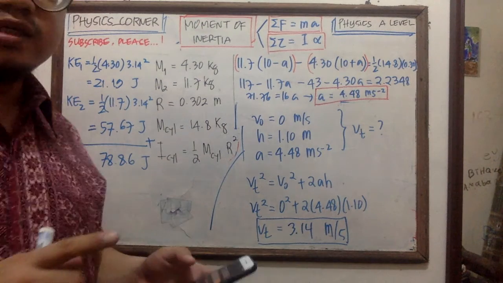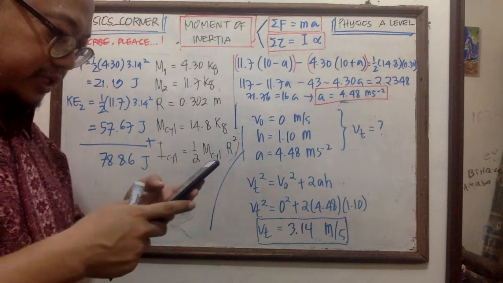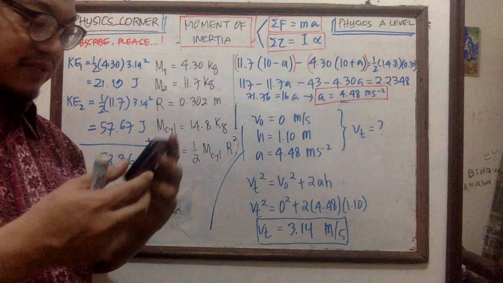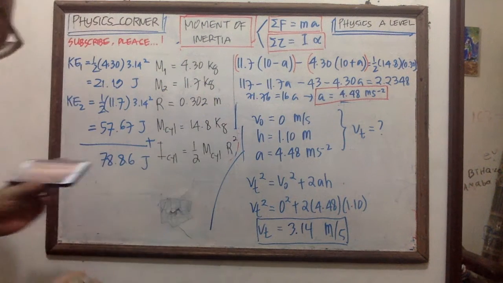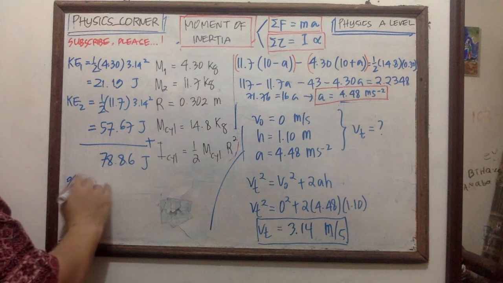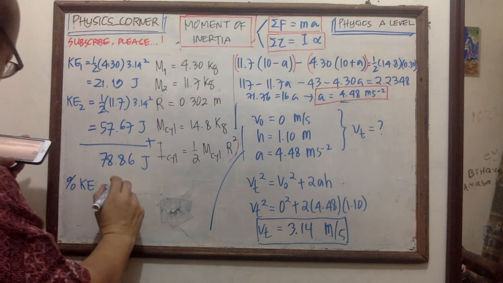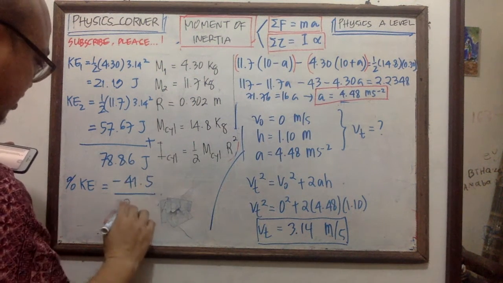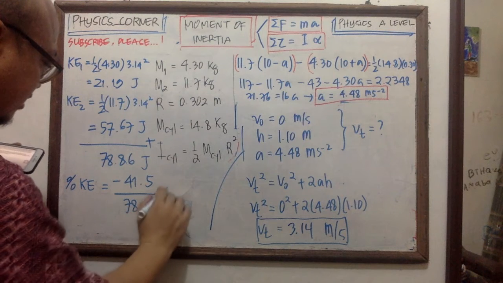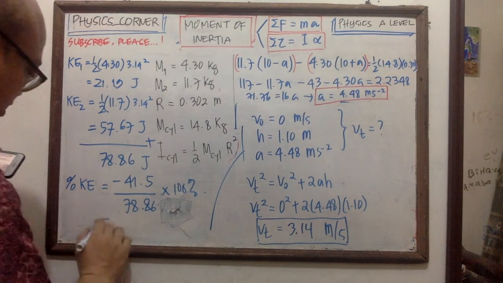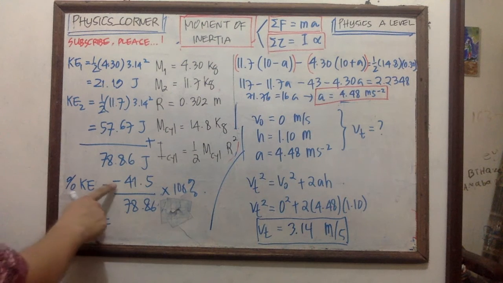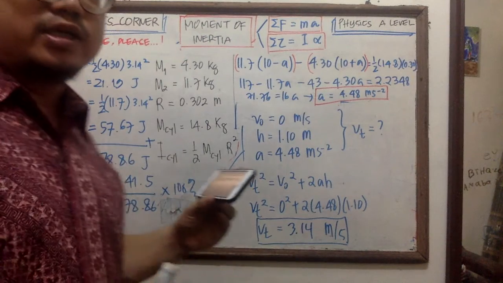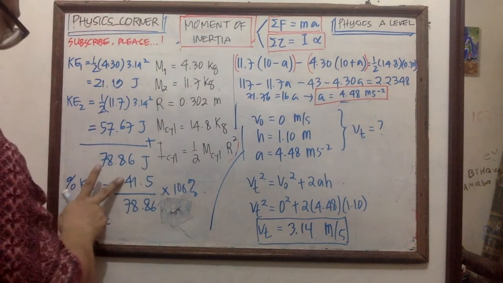Okay, this is the total kinetic energy when the object is moving. Now we look at the percentage: the kinetic energy here is 41.5 joules divided by 78.69 times 100%. The direction of the potential energy decrease is negative, so we can say here it is positive.